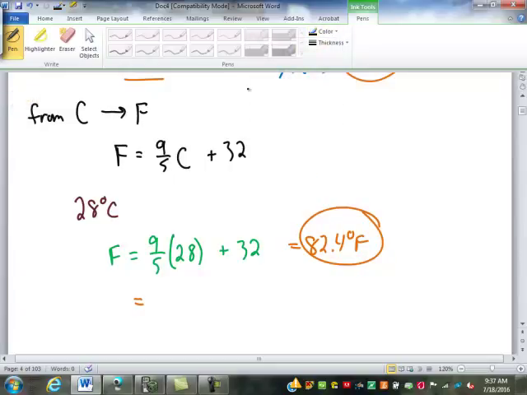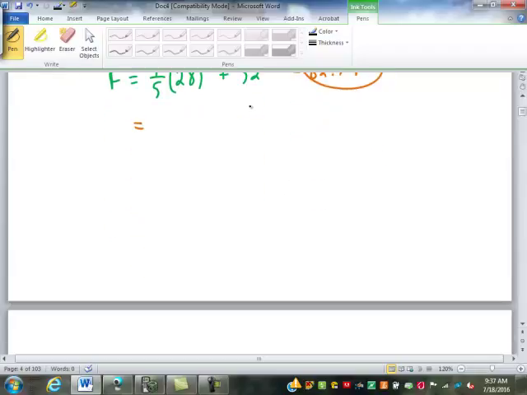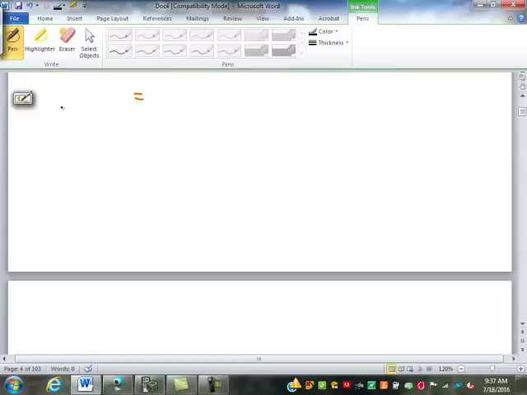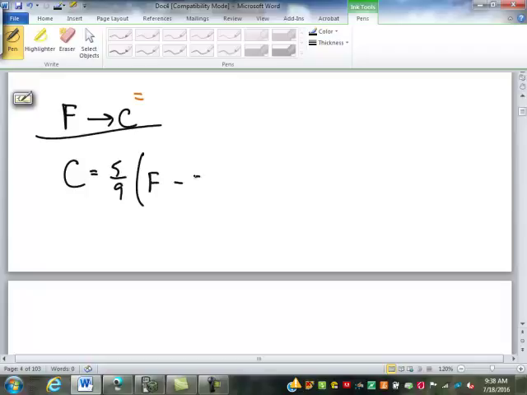On the other side of things, if I want to go from Fahrenheit into Celsius, my Celsius temperature is equal to 5/9 times, I have to subtract 32 from the Fahrenheit temperature first.